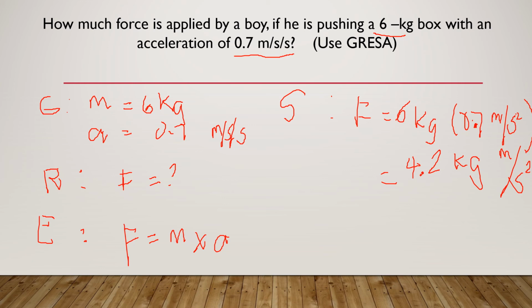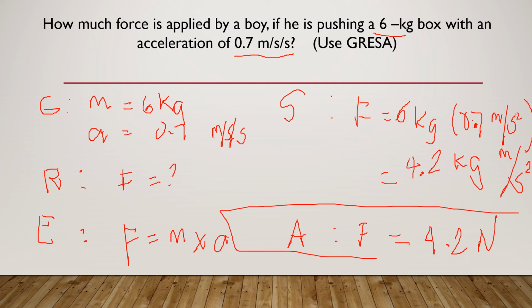Now, we already know that the standard unit for force is Newton, so you can have your answer as force is equivalent to 4.2 Newton, as simple as that. So the correct answer for this problem is 4.2 Newton.